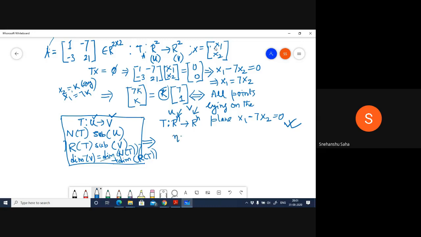So n is equal to the dimension of the null space of the matrix induced by the linear transformation plus the dimension of the range of that matrix.